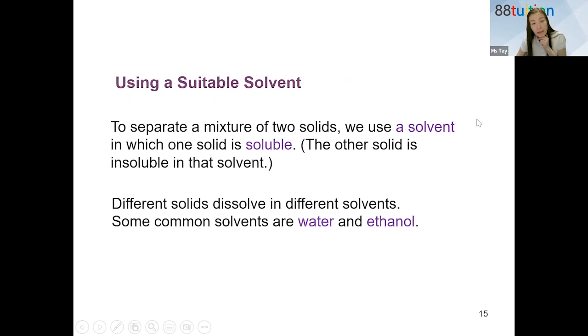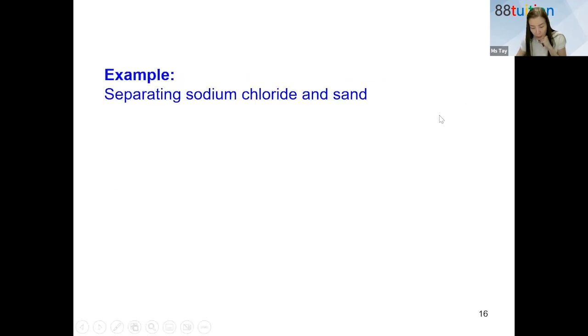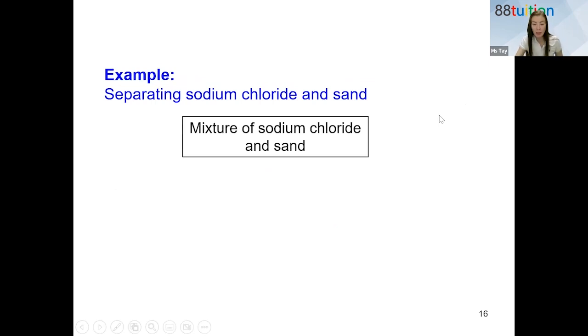And then last lesson, I also sent them a piece of homework where they are supposed to separate two substances. So I have a mixture of, let's say, sodium chloride. Sodium chloride is actually salt. It's the salt that you have in the kitchen, table salt. So salt and sand, how do they separate it?